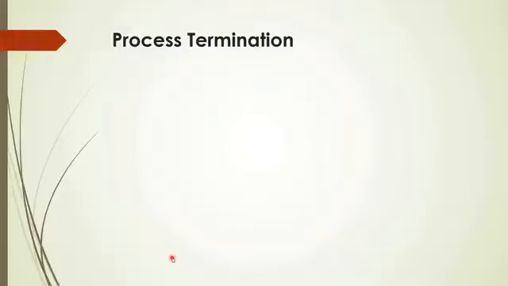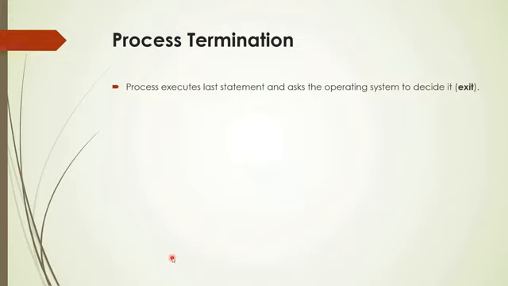Now let us look at how process termination takes place. Process termination can take place in two ways. Either the process, in this case the parent process or the child process, executes the last statement and asks the operating system to exit using the exit system call.